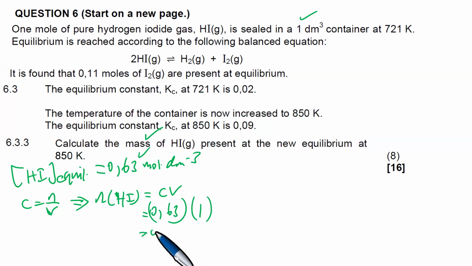Therefore, this is 0.63, the number of moles. Okay, but if you do it very accurately, you're able to get 0.63.